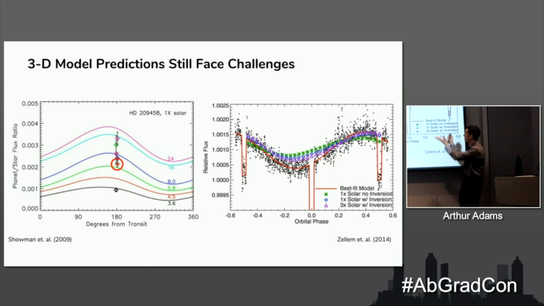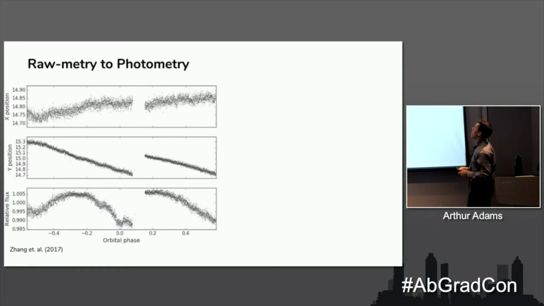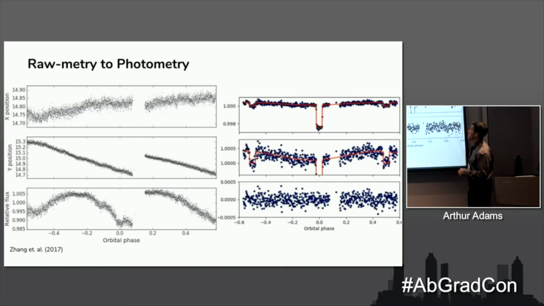These are all empirical properties of the light curve that you would like to fit to first order before you start moving on. And it's compounded by the fact that this is what the Spitzer photometry starts out as. This is the raw photometry. A Zhang et al. paper from 2017 outlines how much work has gone into reducing Spitzer light curve data to get something you can use.